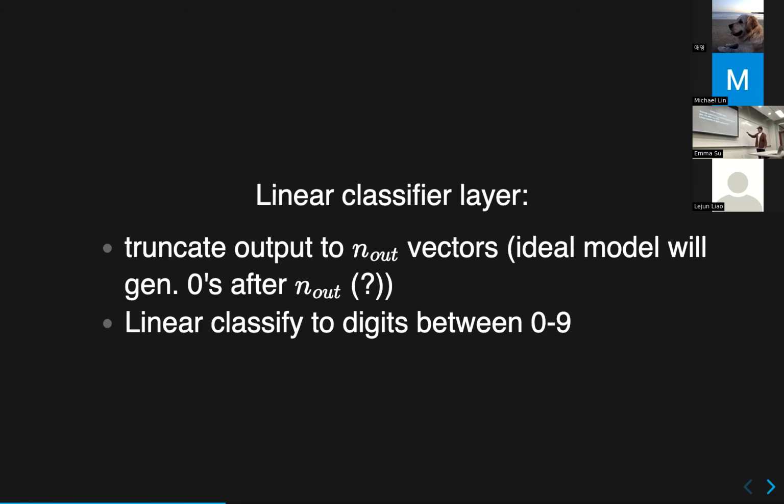For instance, in multiplication of n by m digits, n out is at maximum n plus m digits, right? So that's how you get n out. I'm not sure exactly what the model will do after n out, because I don't know what the vectors it produces after n out will represent, but I think they will generate zeros, though they didn't mention that in the paper. Then they just linearly classify this number of vectors to digits between 0 and 9.